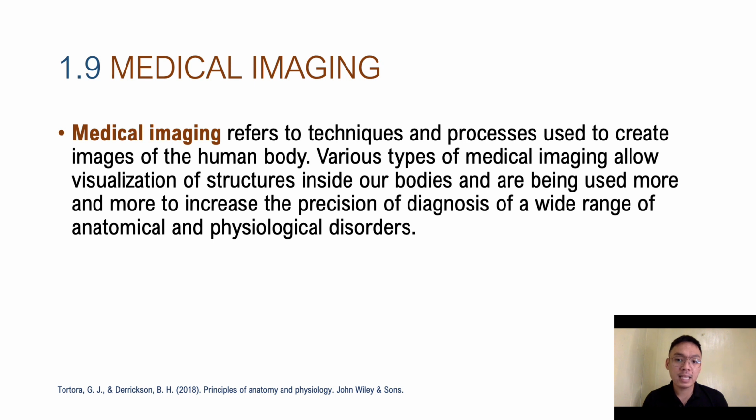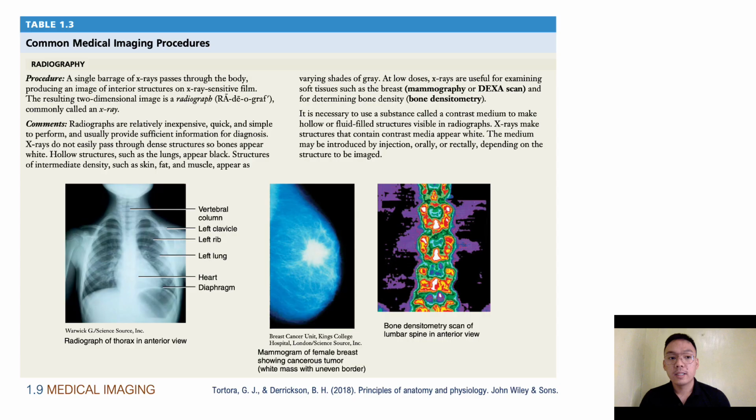Various types of medical imaging allow visualization of structures inside our bodies and are being used more and more to increase the precision of diagnosis of a wide range of anatomical and physiological disorders. And we will present here some of the technologies that are being used in the industry.